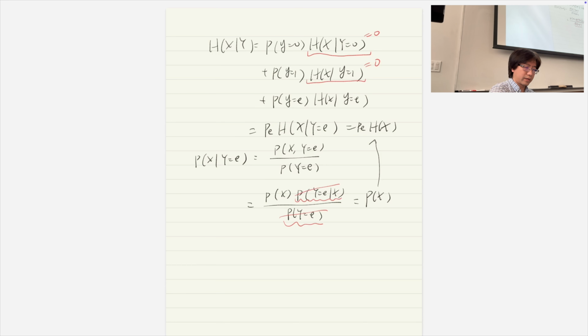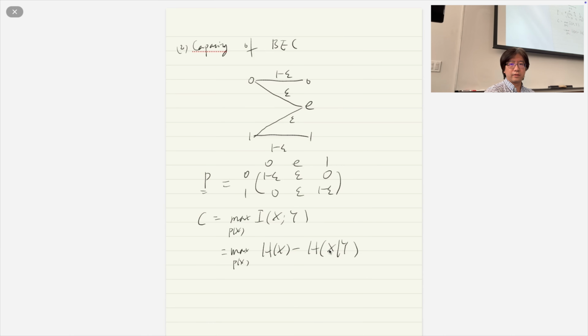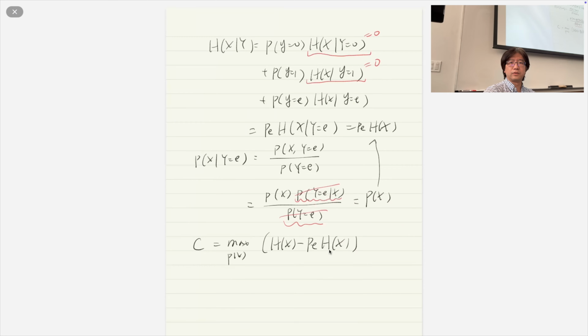And then we can write down the capacity C equals max over P(x) of H(X) minus Pe H(X). Before, we had H(X) minus this term, and this term equals Pe times H(X).